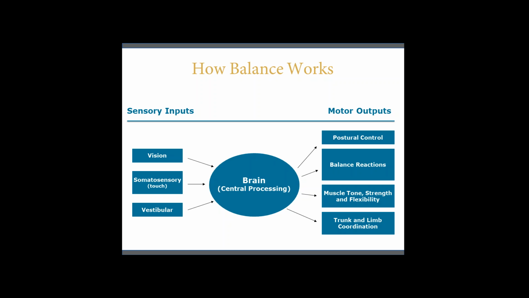The brain processes all that information and compares it between the right and left sides of the body, as well as from one system to the other, and then it creates the three-dimensional picture of where we are in space, which gives us our postural control, our alignment, our muscle tone, and our ability to coordinate and react with our balance.